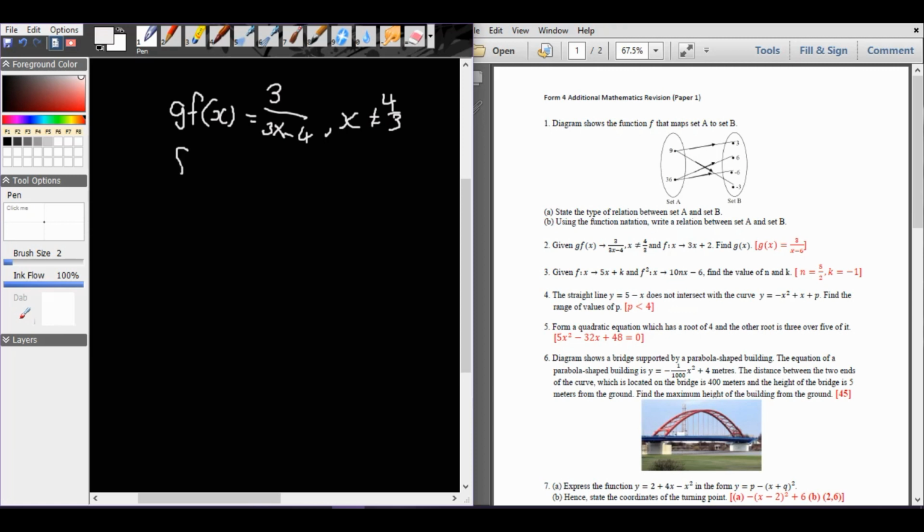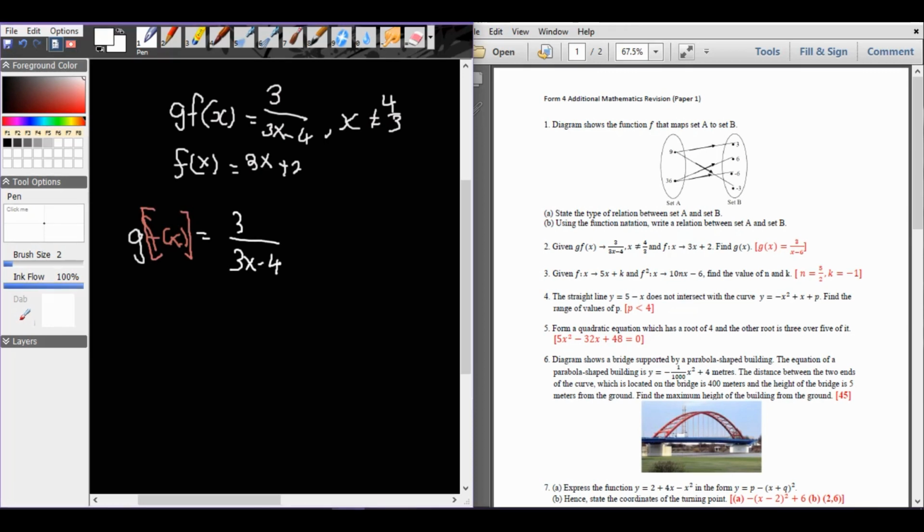And given function f equals 3x plus 2. So you just write like this, g(f(x)). You copy down the same thing, 3 over 3x minus 4. Then you put a bracket here.